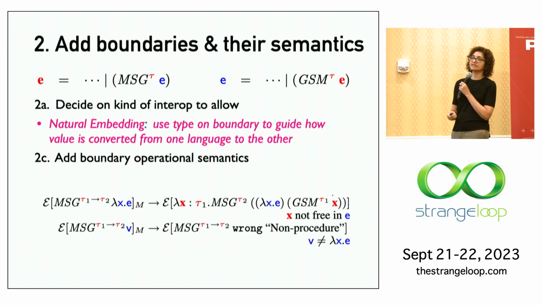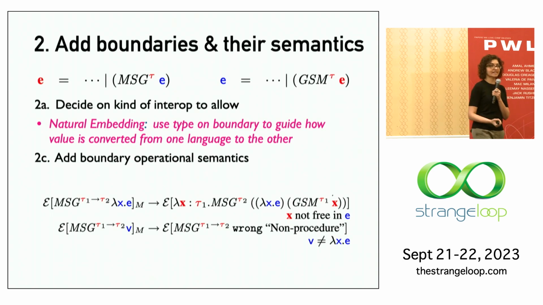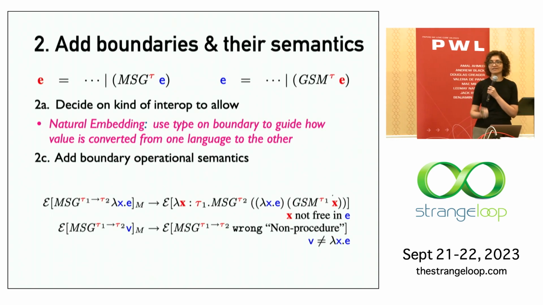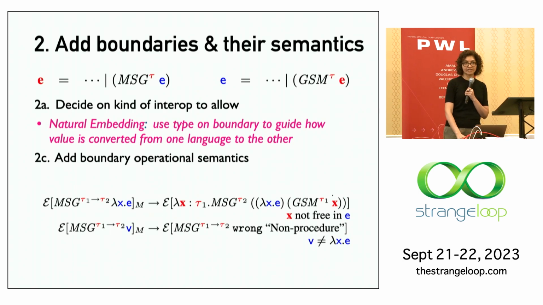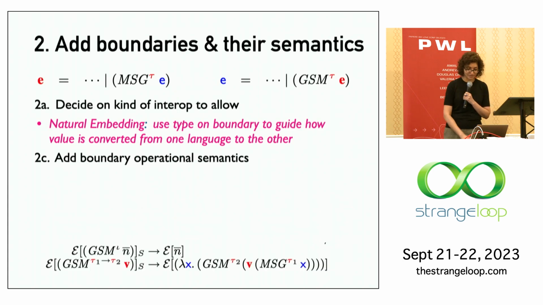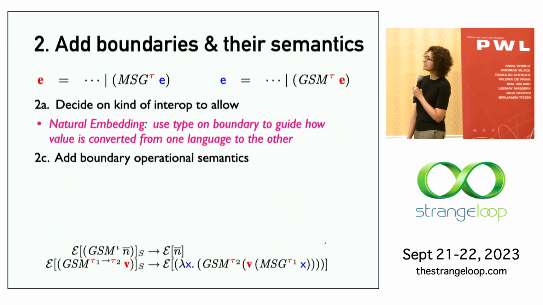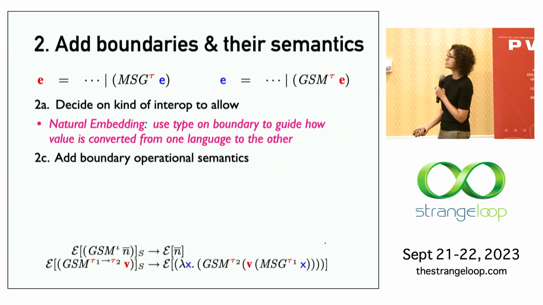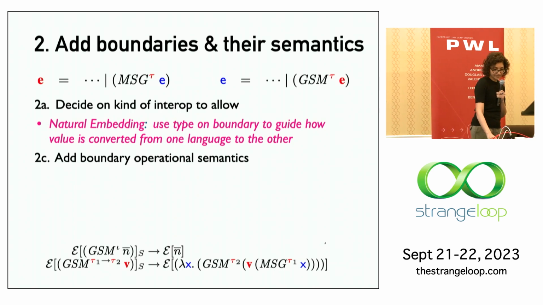Okay? So take the input, convert it to Scheme, feed it to the Scheme function, take the answer, convert it to ML. That's how I built my wrapper around the original code so that I now have something that looks like an ML function. And this is basically the idea of higher order contracts, which Robby Findler has done a lot of work on. Okay, and then let's do boundaries in the other direction. If we have an ML number, we just convert it to a Scheme number, if the annotation on the boundary matches.